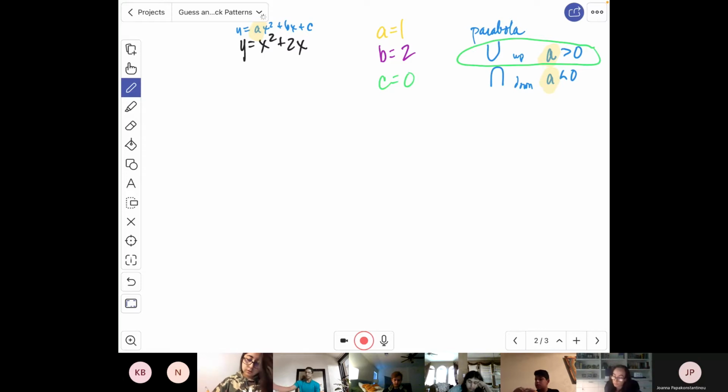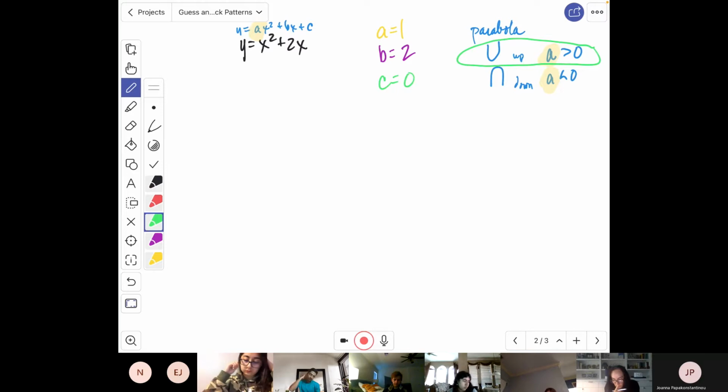Now, what do we know about this parabola? Is there anything automatically, other than the fact that the graph opens up? Is there a point I already know on this parabola? 0, 2? I'm not sure about that one.